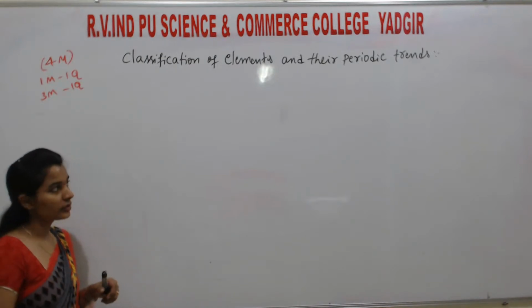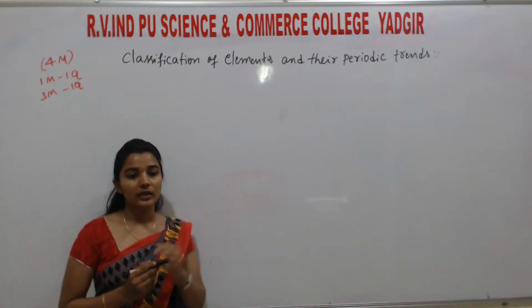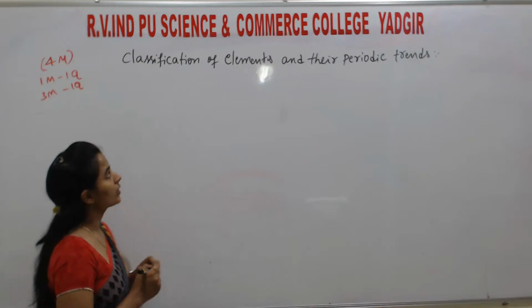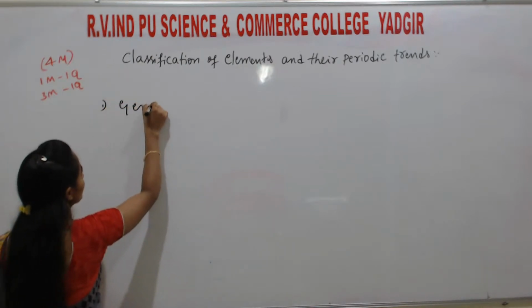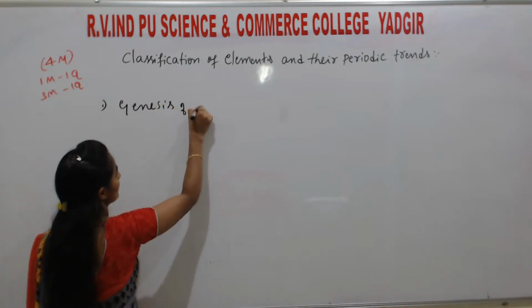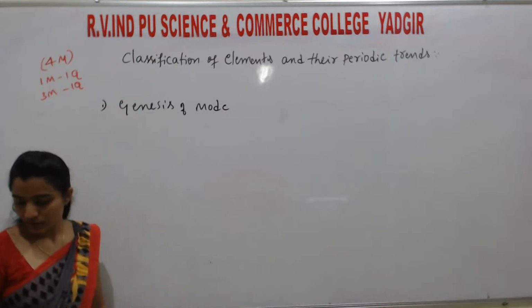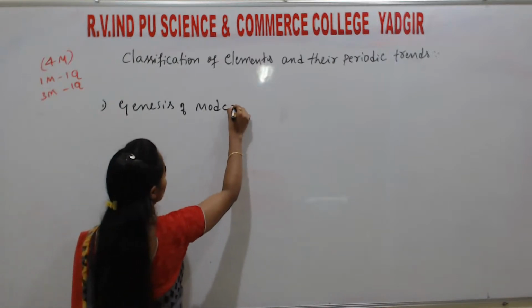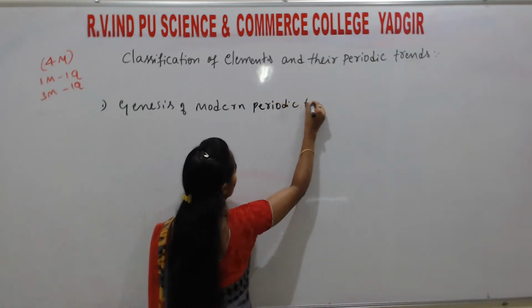Now students, first is how the modern periodic table was framed. What are the objectives we are going to study? First, genesis of the modern periodic table.